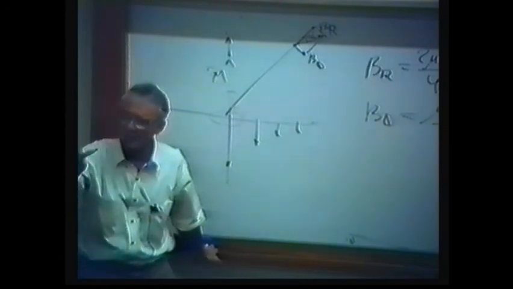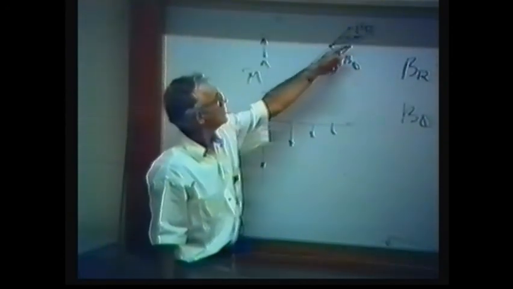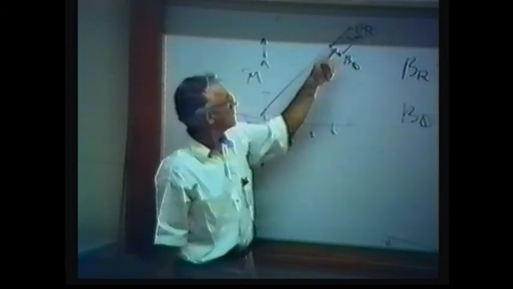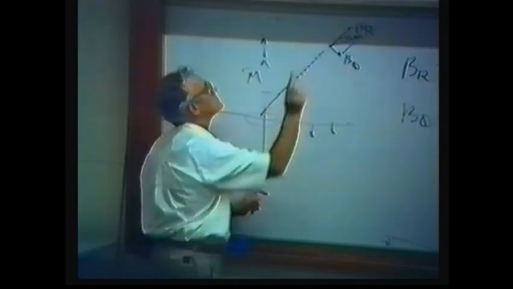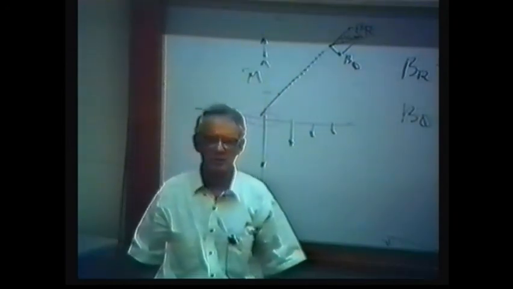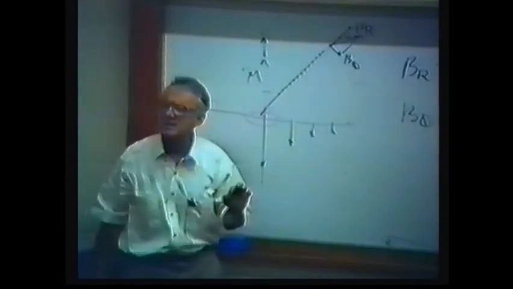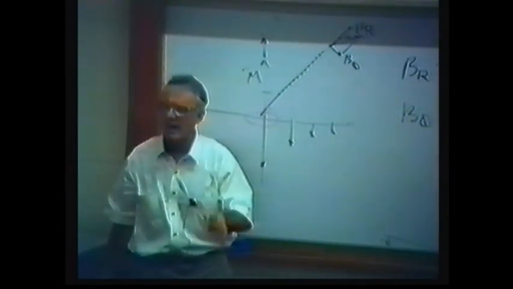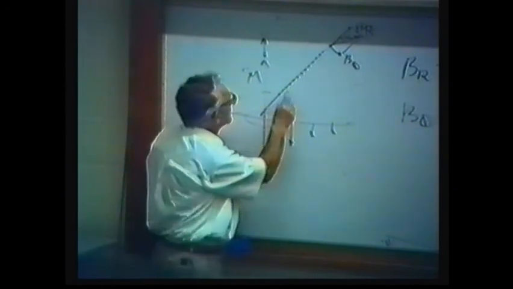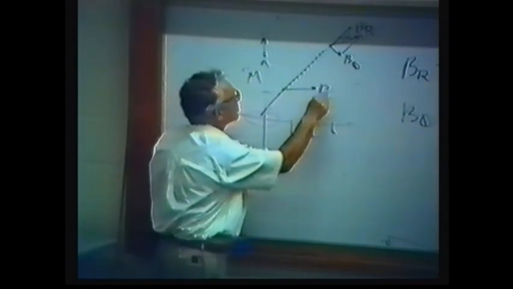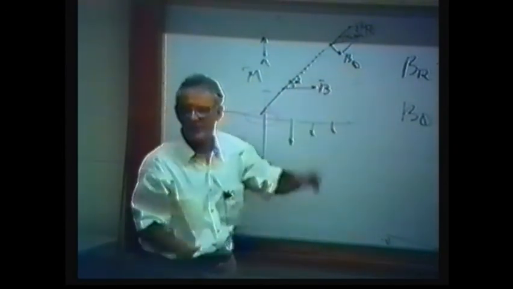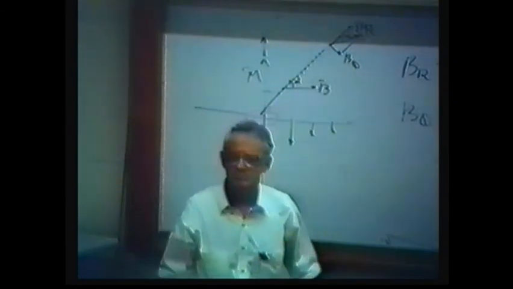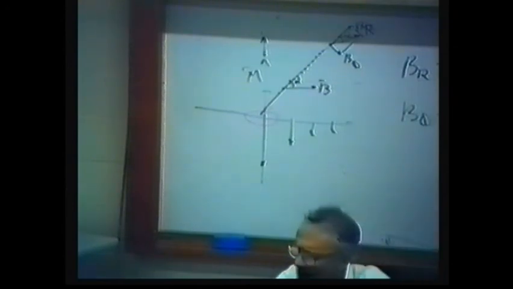Please, I know you are tired, but let us try. How does this angle between the radius and the field change when I measure at different points? You understand my question? Magnitude for sure decreases, how? Unit divided by r cubed. Now my question: I have here the total magnetic field, here that's the total magnetic field. I would like to know how this angle alpha changes depending on the distance r.